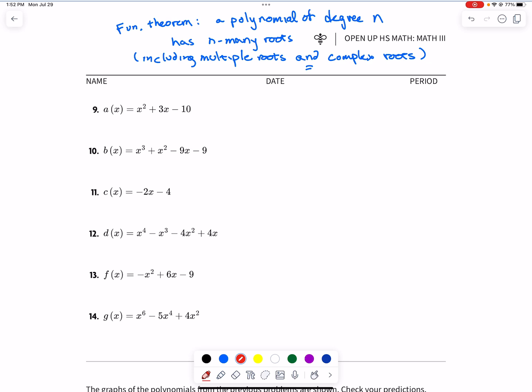So let's predict 2, 3, 1, 4, 2, 6. Those are the highest exponents.